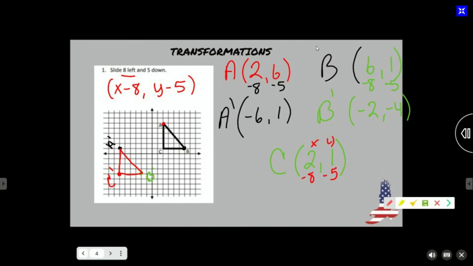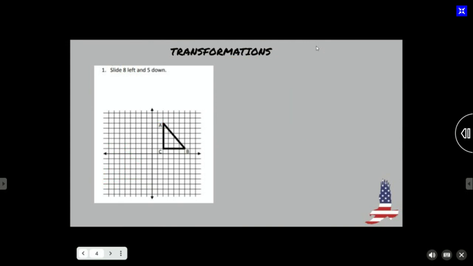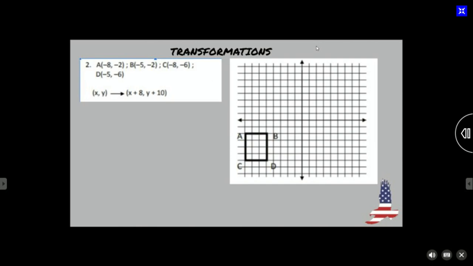Find me your prime coordinates. You can write these up on paper.